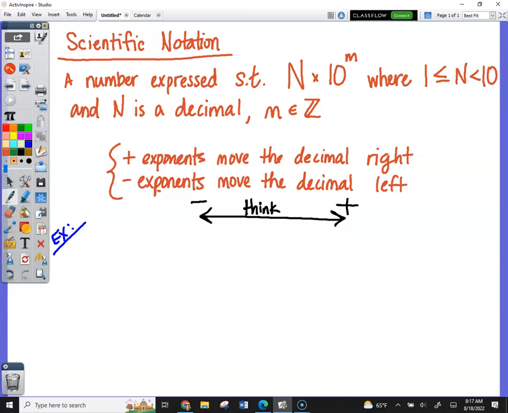You are rewriting these in the other notation. So if it's already in scientific, you're writing it in expanded.